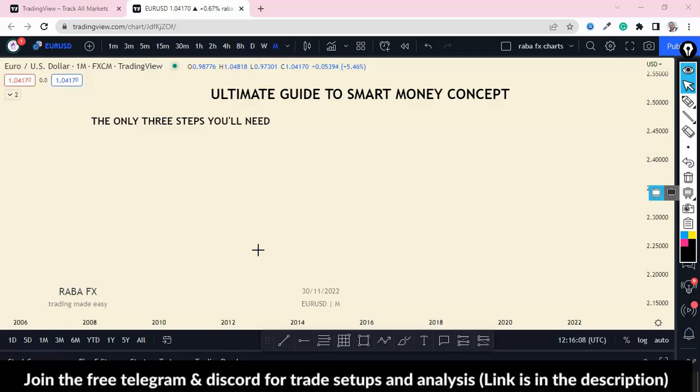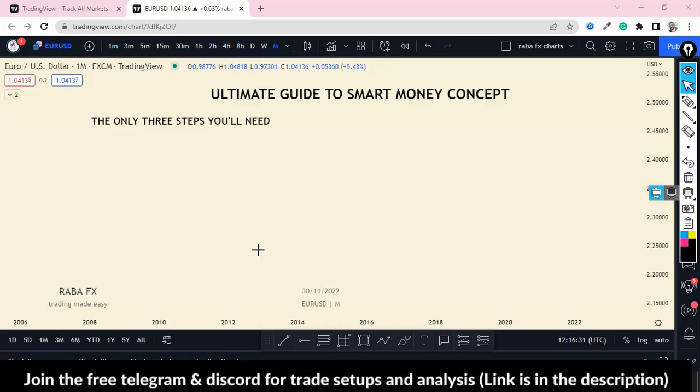So now, what is smart money concept? Smart money concept is simply a trading methodology that tends to follow the footprint of big banks. We understand that 95% of retail traders lose money, and that is because we are trading against the big banks.